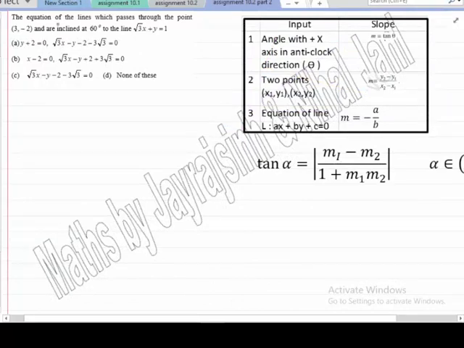In this question, we need the equation of a line passing through (3, minus 2). So we already have the point. It has an inclination of 60 degrees with another line, root 3x plus y equal to 1. So basically one line L1 is given, and we have to find the equation of another line.